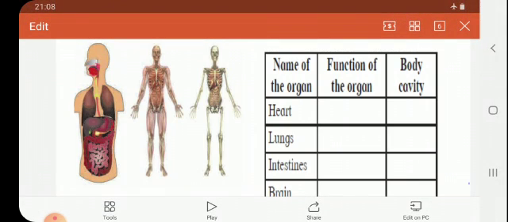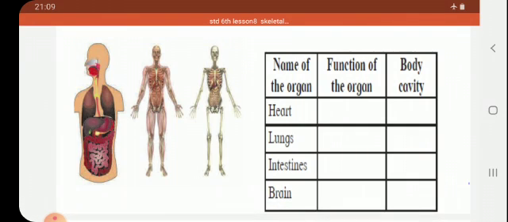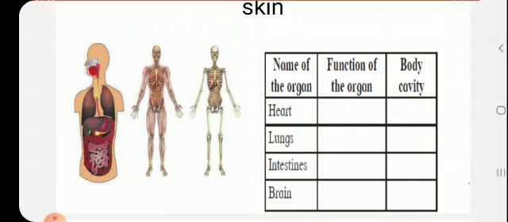So, pumping of the blood is the main important function of the heart, and where is it present? It is present in the thoracic cavity. Okay, this is called the thoracic cavity. Then lungs.